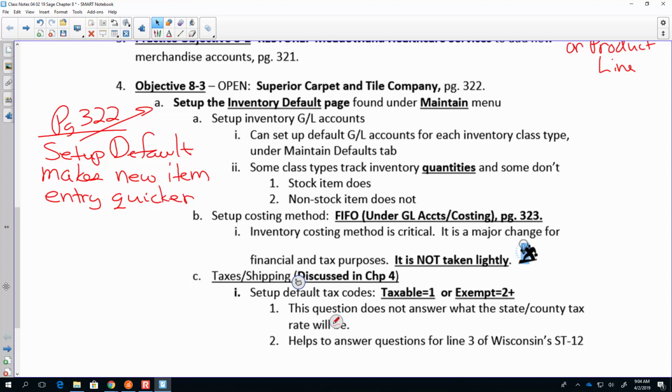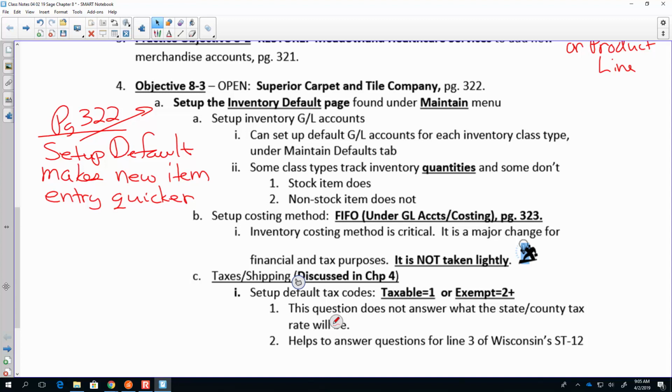It saves you a lot of time. If I can set up the method, the inventory method, FIFO, LIFO, get that set up, if I can just set up a default cost of sales account, inventory account, those kind of things, do that ahead of time, it makes my entry process a lot easier.